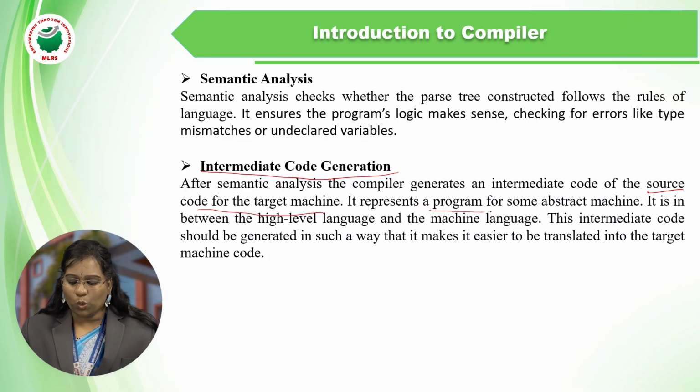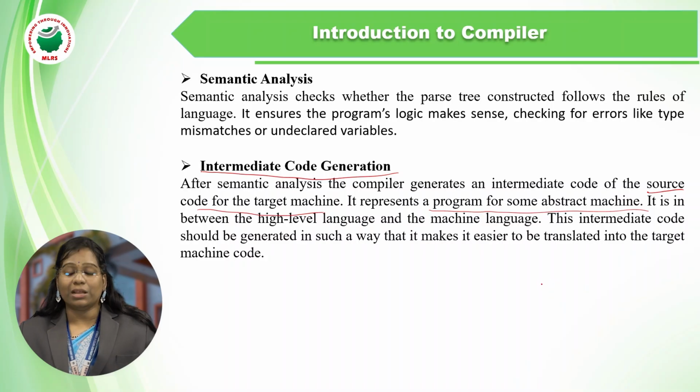It represents the program for an abstract machine, and it sits between the high level language and the low level language. The intermediate code makes it easier to translate to the target machine code.